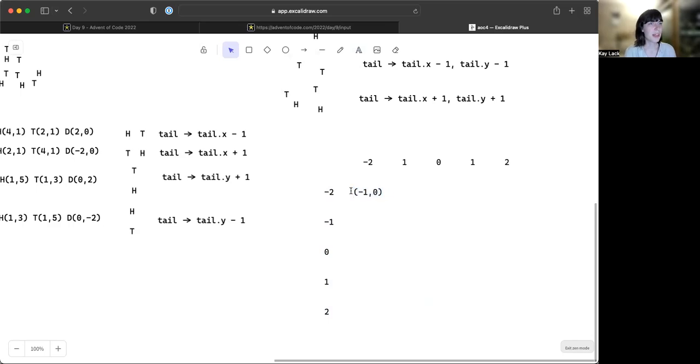Which is actually going to be in 2, 0. Minus 2, 0 is going to be plus 1.